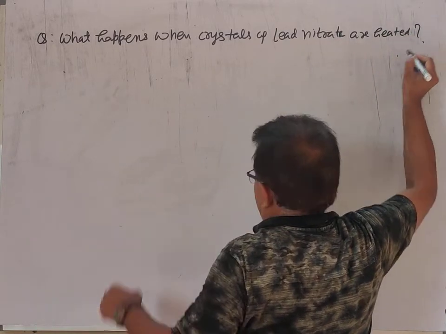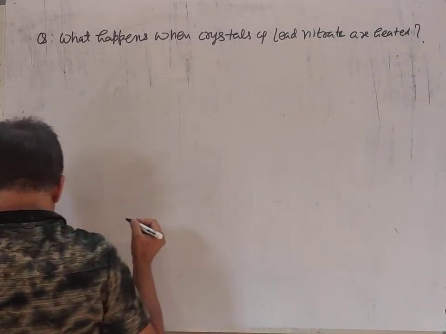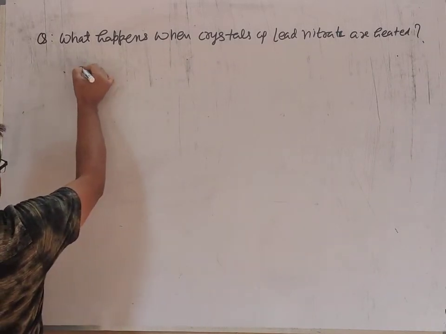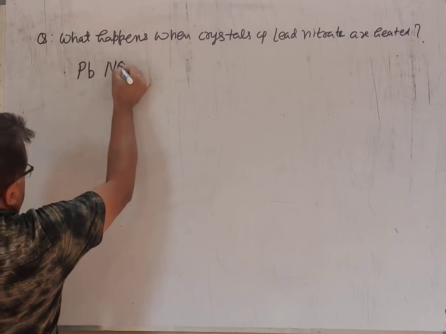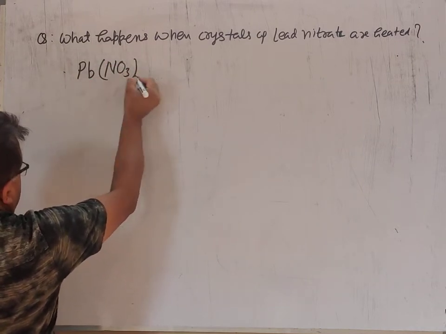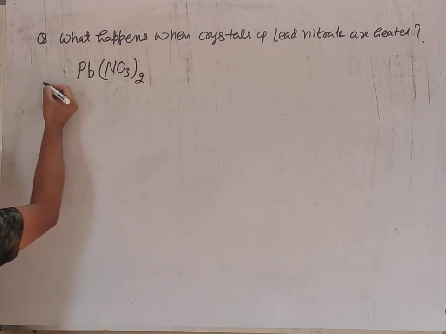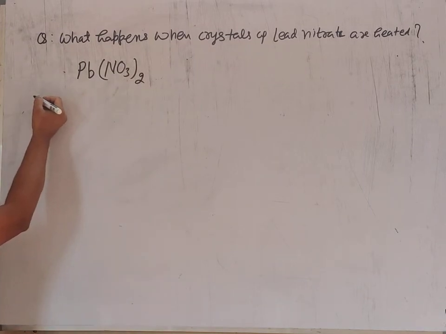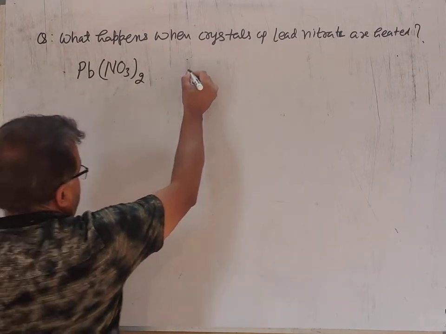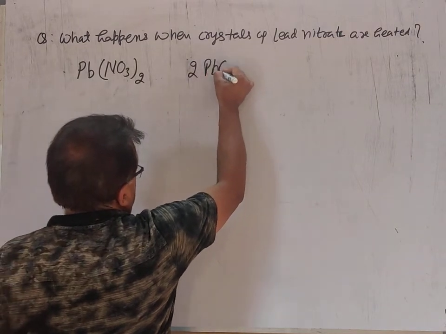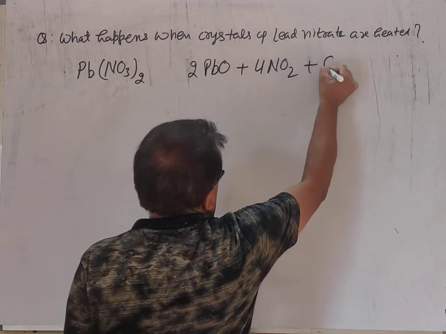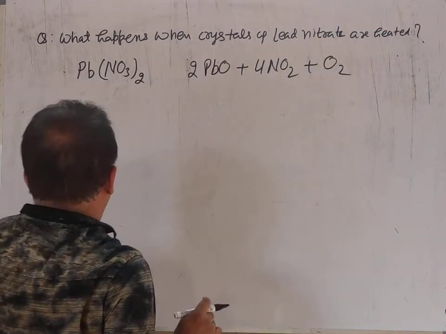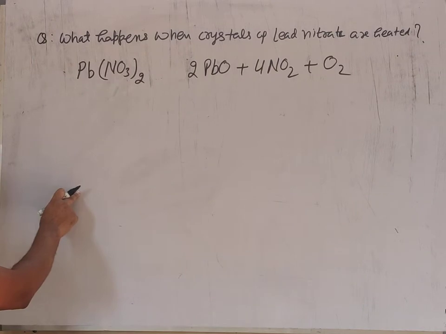We know that the symbol of lead is Pb, nitrate is NO3, and the valency of lead is 2. So 2Pb(NO3)2 gives 2PbO, 4NO2 and O2. These are formed. So if crystals of lead nitrate are heated, then this is formed.